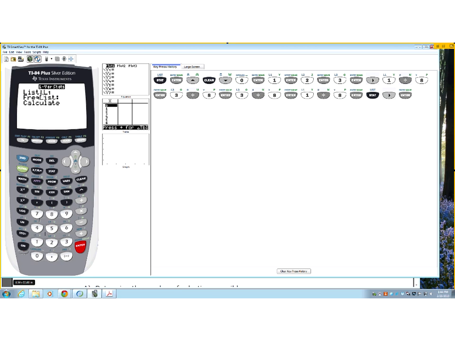Okay, so my list is L1, that's my random variable, and then my frequency list, that's going to be L2. Those are my probabilities. So this time, your frequency list is a probability, and your list is your random variable. You have to make sure it's in that order. So L1 goes first, and then L2. So your random variable, and then your probability. So I'm going to go ahead and select Calculate.